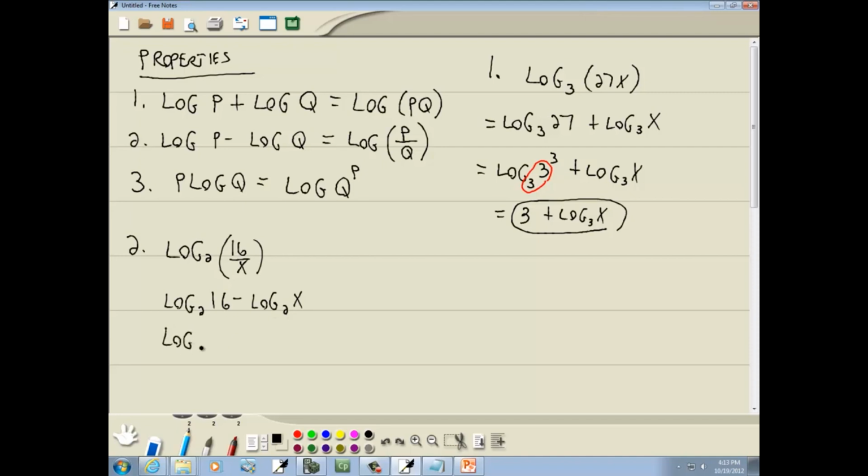Well, we do have a number, so our base is 2, so we try to rewrite 16 as 2 to a power, and it becomes 2 to the 4th power. Now again, if the 2's match here, then the log and the 2 are going to cancel, and you're left with the exponent. So 4 minus log of x.